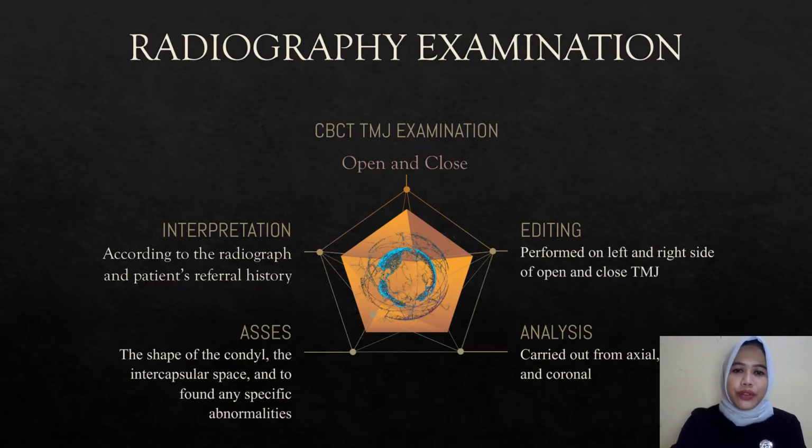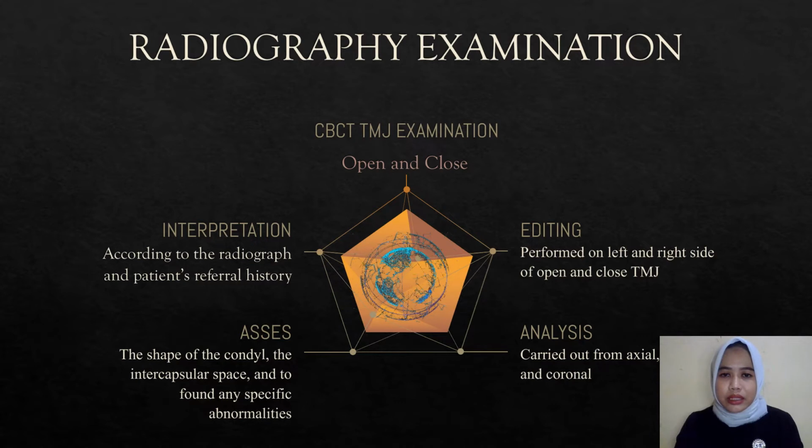In radiography examination, we do some steps before we decide a suspect of radio diagnosis. In this case, we perform a CBCT examination on TMJ in open and closed condition. After we receive the DICOM data, we extract it and then perform editing on right and left TMJ, both in open and closed.